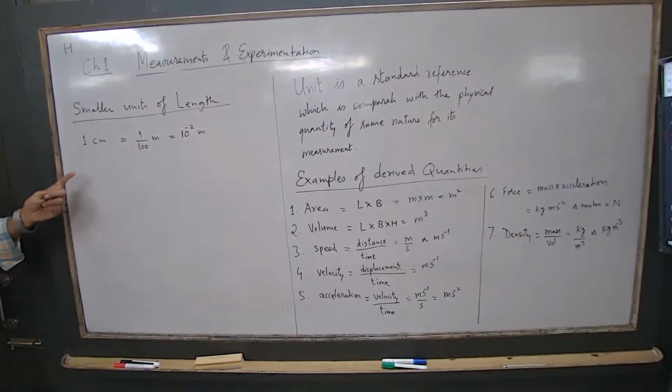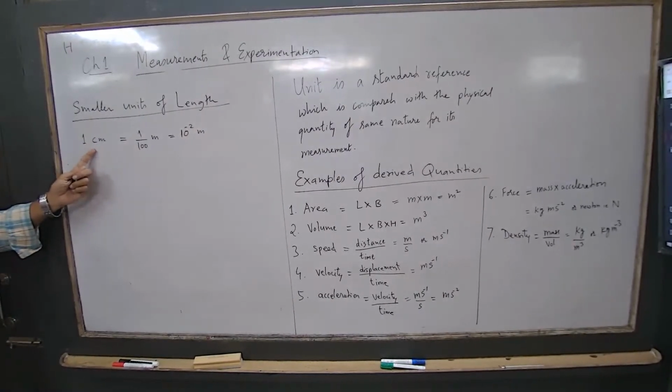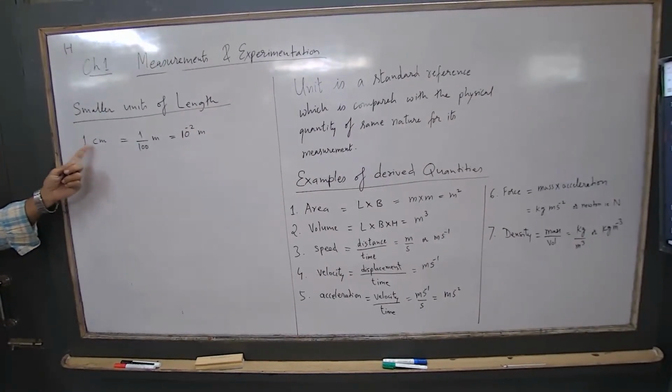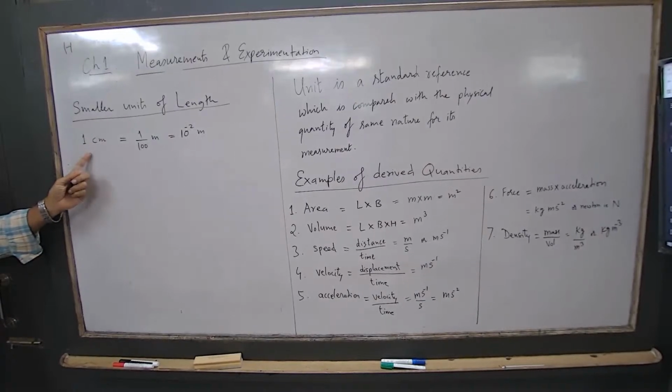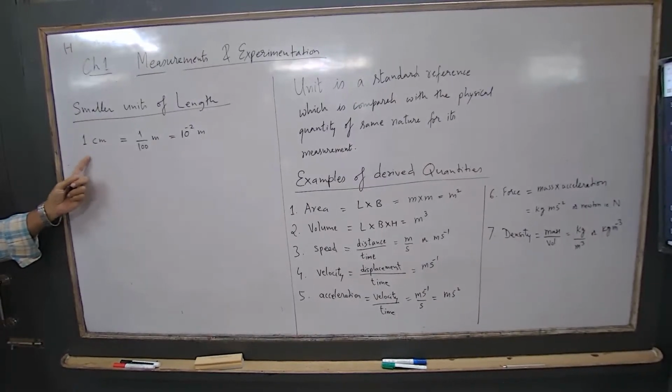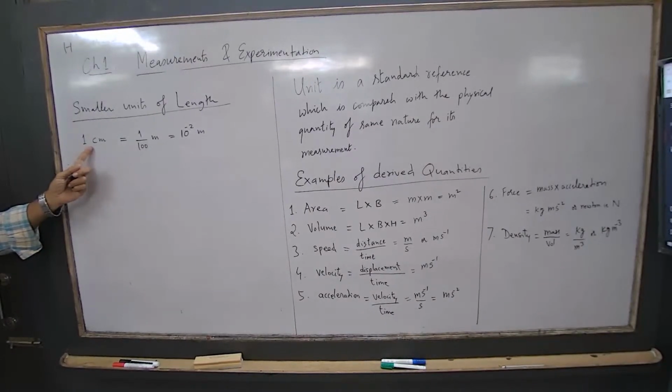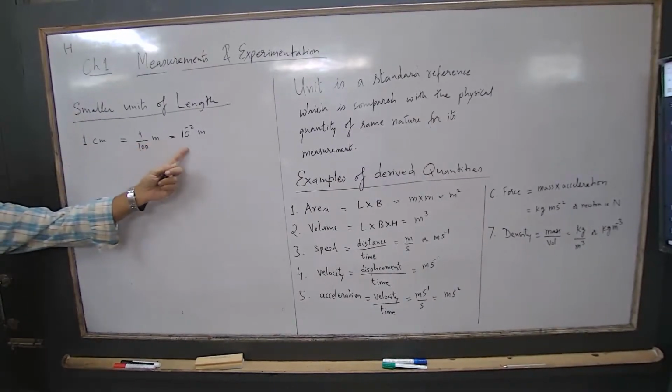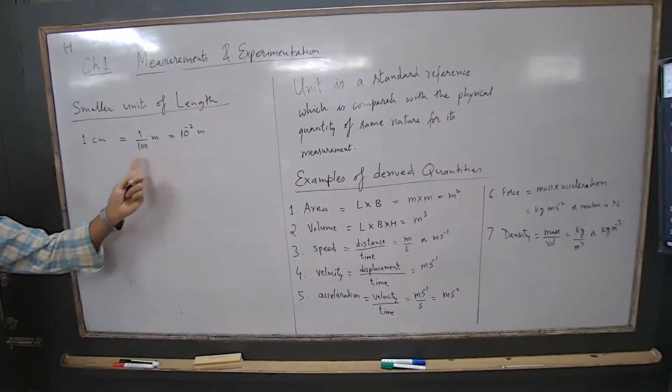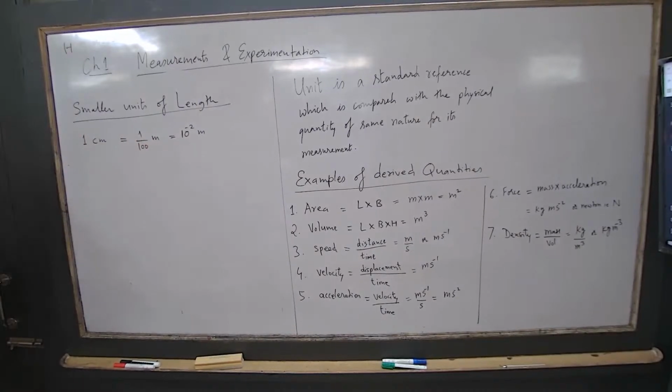Meter is the standard unit, and now we use the prefix centi. Its numerical equivalent is 10 to the power -2, a 100th part of a meter.